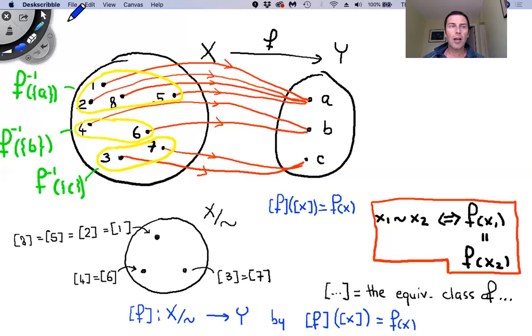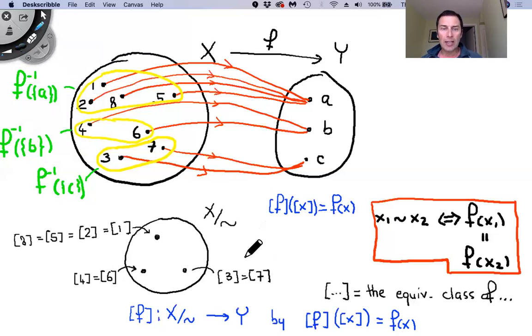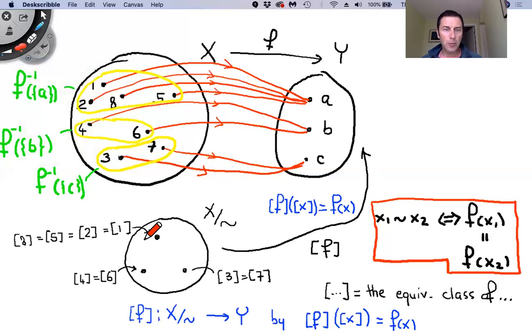Yep. Okay, so let's parse this thing a little bit, right? So square bracket f is a function whose input set is x mod tilde, and its output set is y. Right? So it takes as inputs elements down here. So for example, let's see what the input for this dot is.